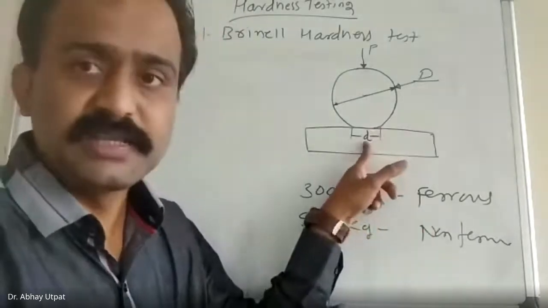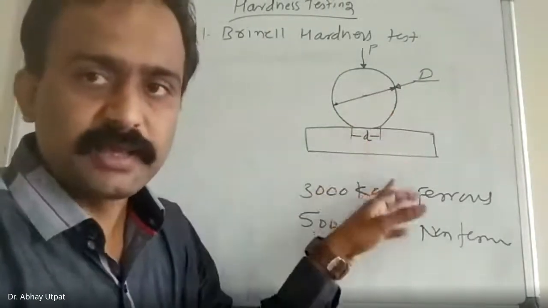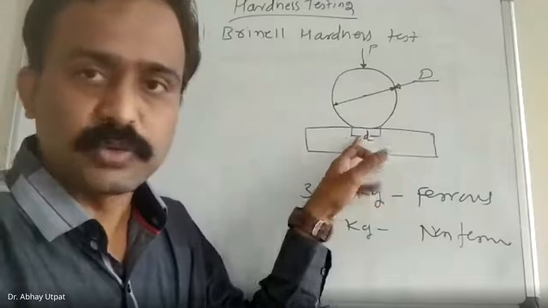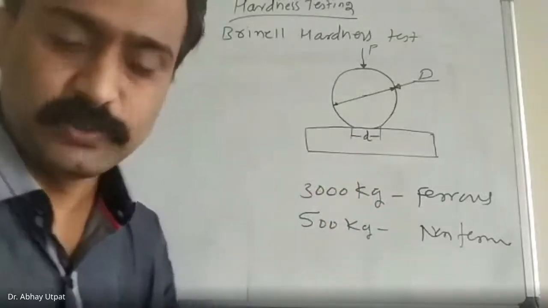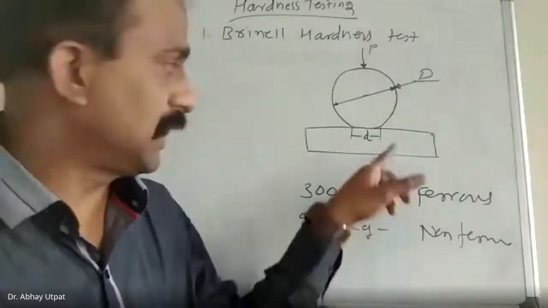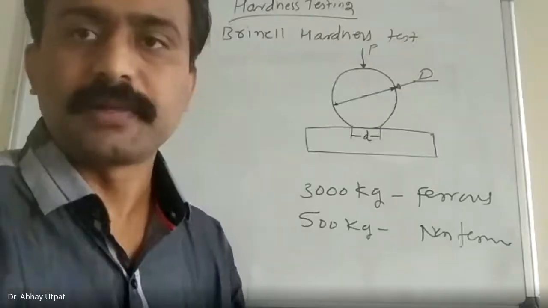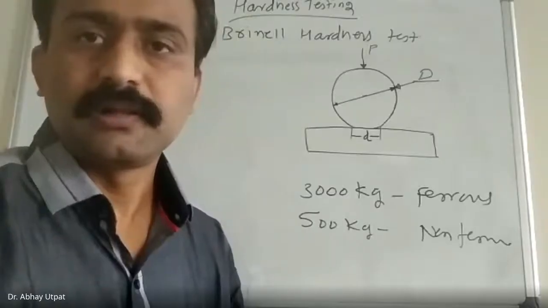This small d is the impression made by this ball on the specimen. Higher the value of small d means what? Hardness will be less or more? More. Logic you are not applying. Less, sir. Less.